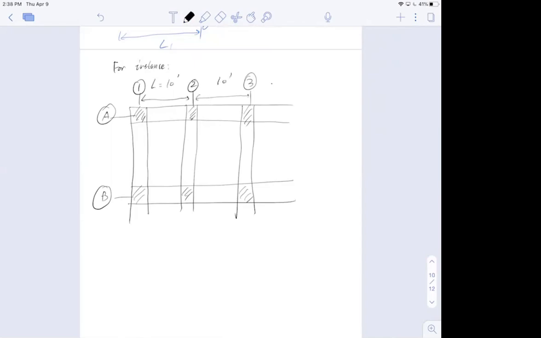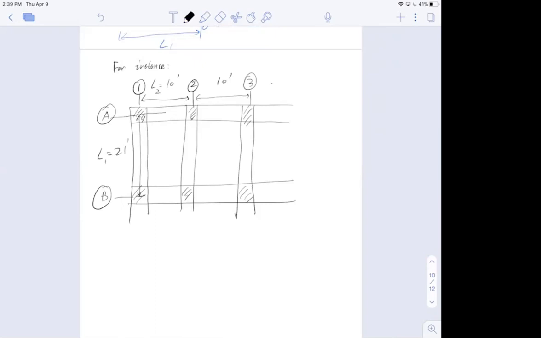And I'll tell you, from center of support to support, this is 21 feet, 21 feet. So L is 21 feet. I put the numbers this way just to play with you.